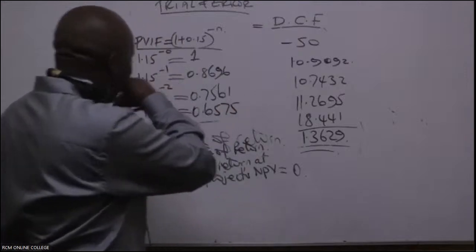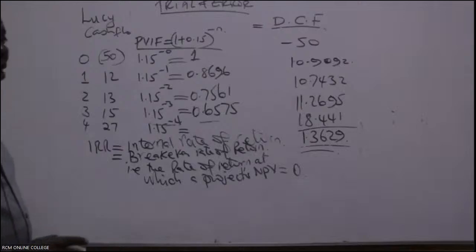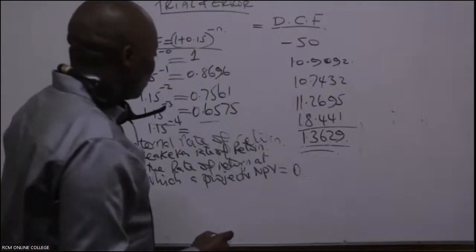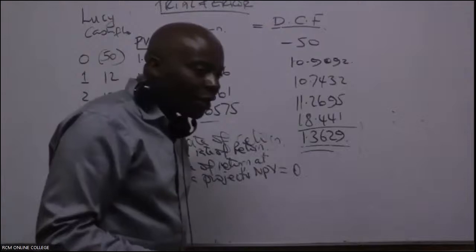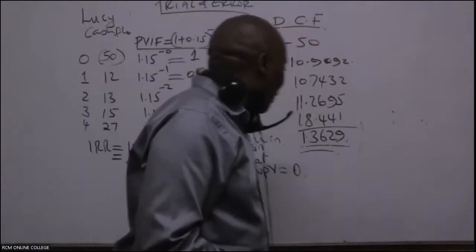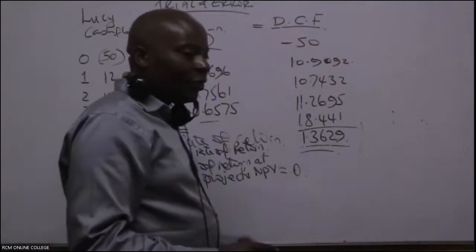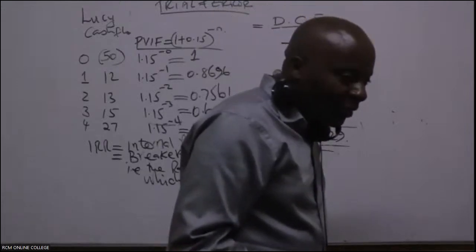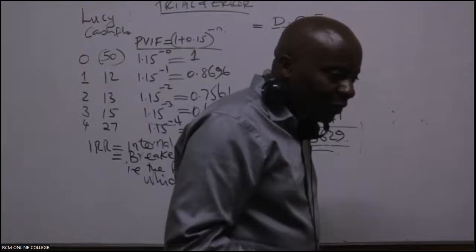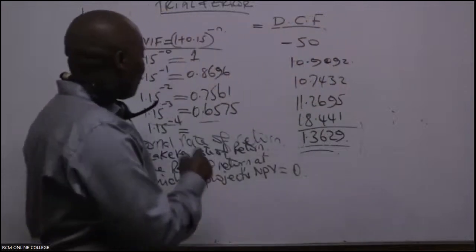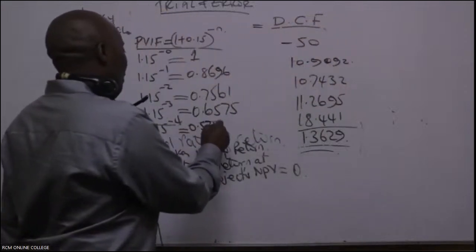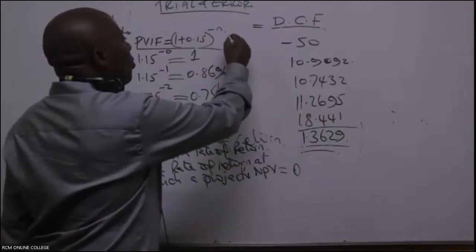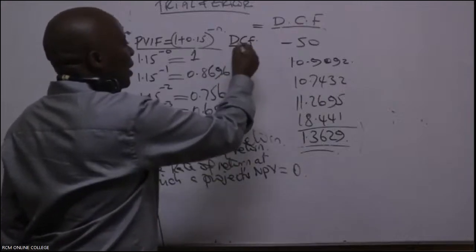And then the last one is 1.15 raised to negative 4. According to Anne, 0.6575, and Betty is giving me 0.5718, 0.57.